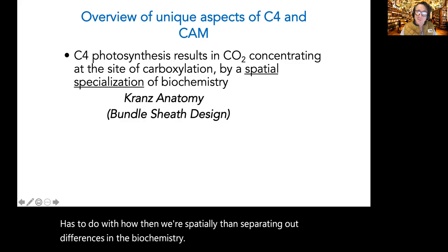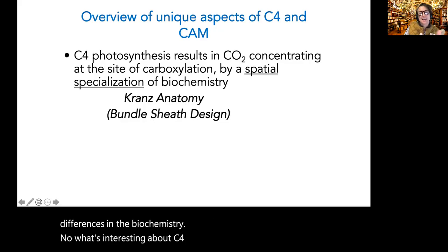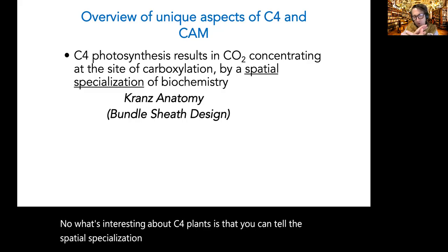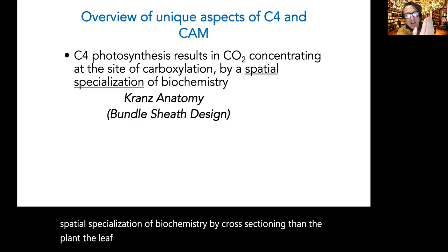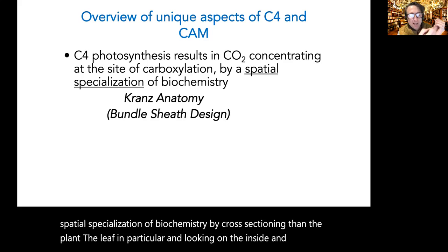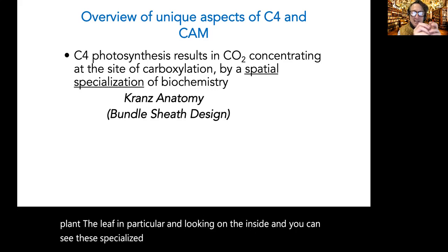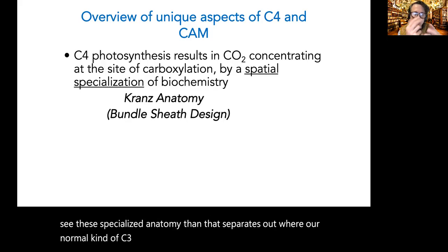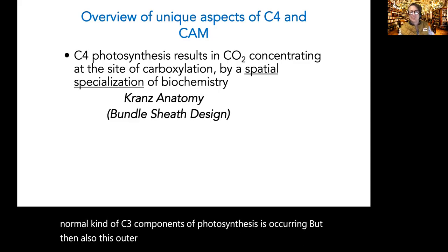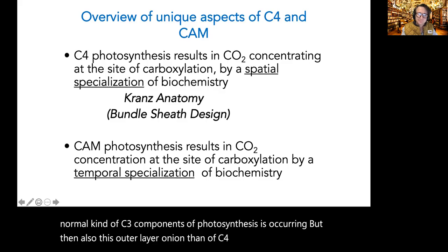What's interesting about C4 plants is that you can tell the spatial specialization of biochemistry by cross-sectioning the plant, the leaf in particular, and looking on the inside. You can see this specialized anatomy that separates out where our normal C3 components of photosynthesis are occurring, but then also this outer onion layer of C4 photosynthesis.